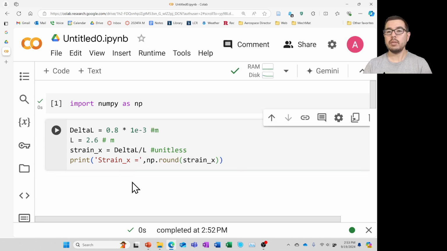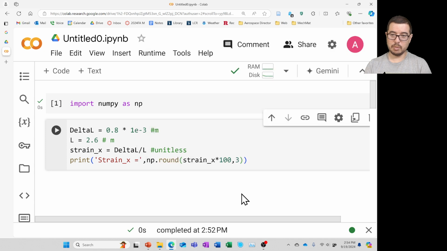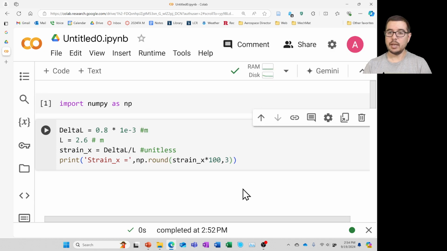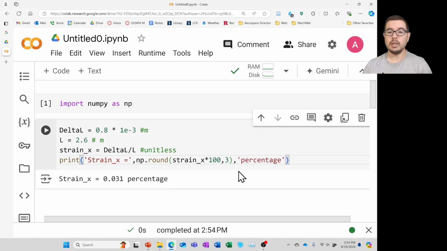This is unitless, but since we wanted it in terms of percentage, we multiply by 100. We probably want a few more decimal places than normal, so we'll do 3 decimal places. Then we can say that it is a percentage. We apply, and we get 0.031%.